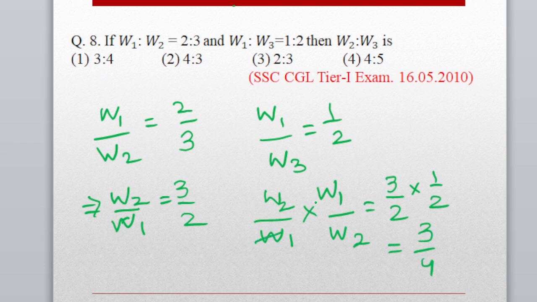Now here this W1 cancels this W1. So W2 by W3 is equal to 3 by 4.